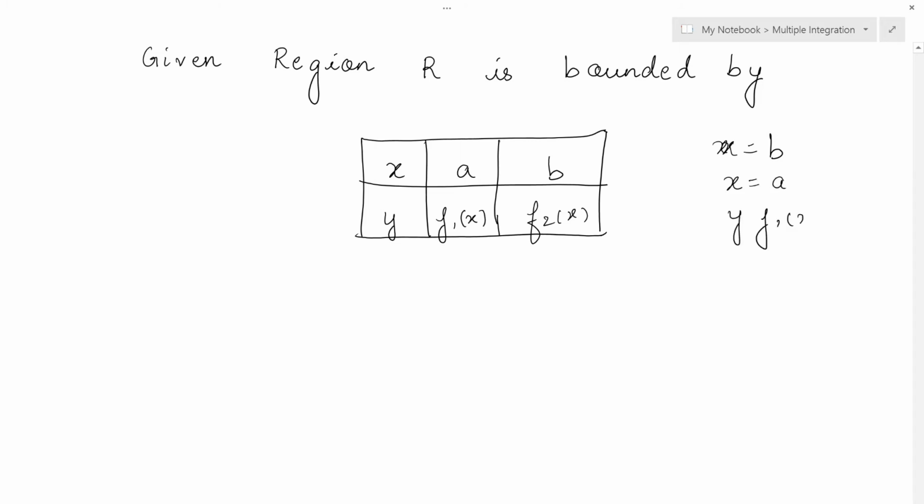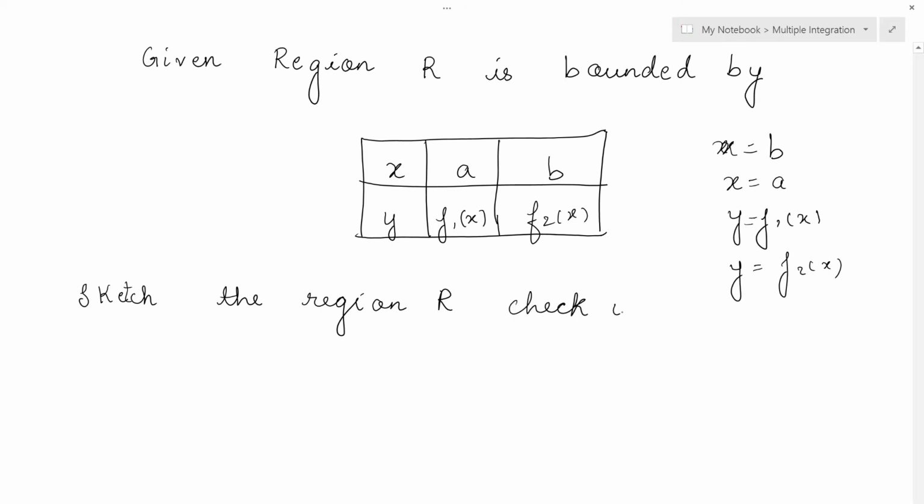After you draw all 4 curves, you have to find the points of intersection, and then sketch the region R and check whether it is right or not, because sometimes the region of integration, if you mark it, may be right or wrong. So you need to check the region of integration by drawing a vertical strip.